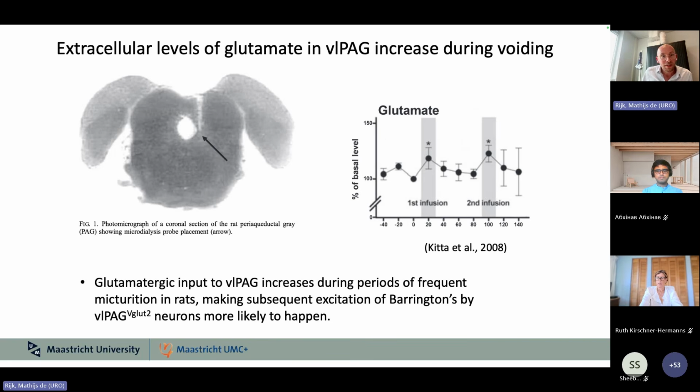And the opposite we see for excitatory neurotransmitters, so glutamate, that shows an increase during these periods of frequent micturition. So those are likely the neurons that we saw also within the ventrolateral PAG that have excitatory connections to Barrington's nucleus. They become more active during voiding.